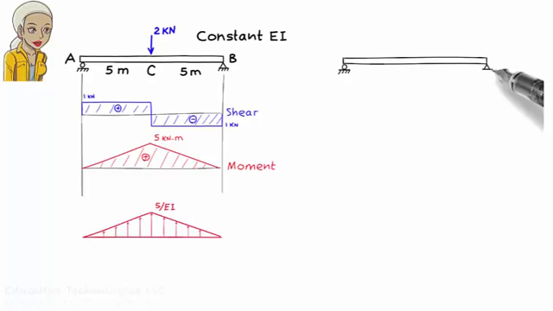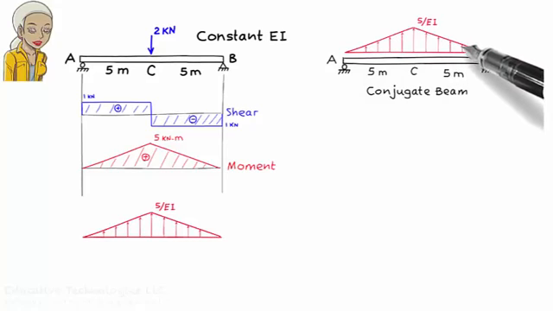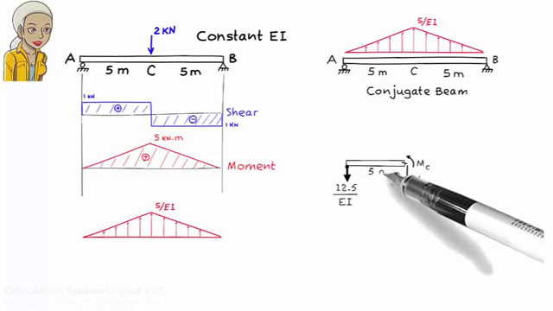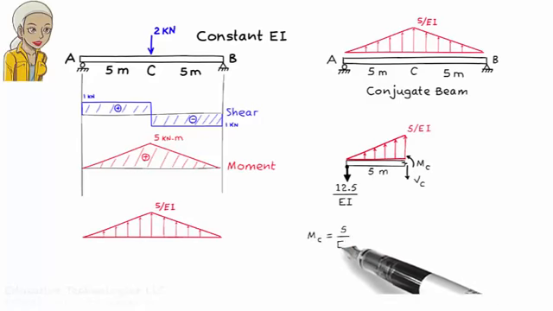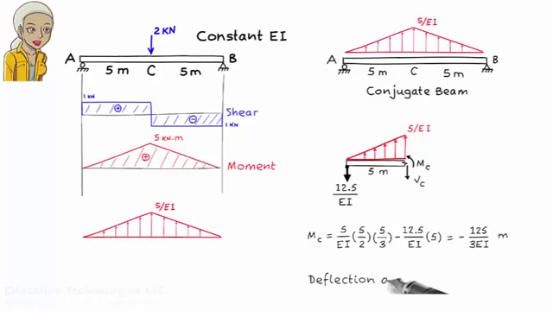I will explain how the conjugate beam may differ from the real beam in a minute. For this problem, the conjugate beam is the same as the real beam. Place the M over EI diagram on the conjugate beam as applied load. Then, determine the bending moment at point C in the conjugate beam. This is the deflection in the real beam at point C.